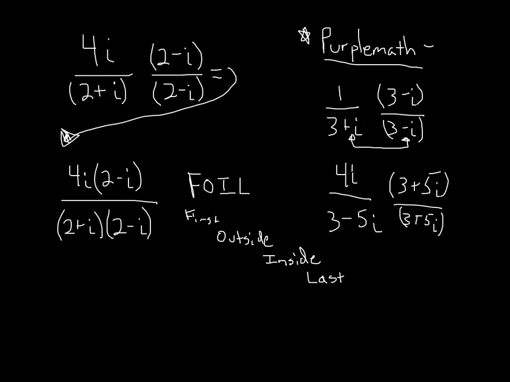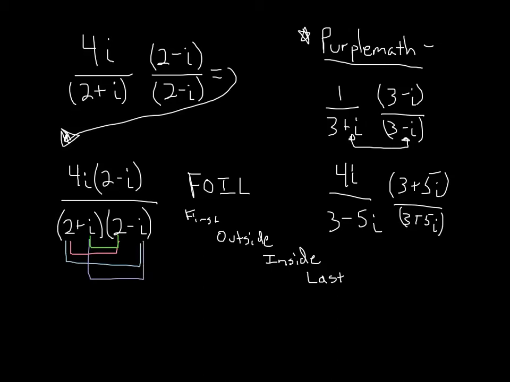So this shorthand FOIL method tells us we first multiply the first numbers, then we multiply the outside numbers, then we multiply the inside numbers, and finally we multiply together the last numbers.